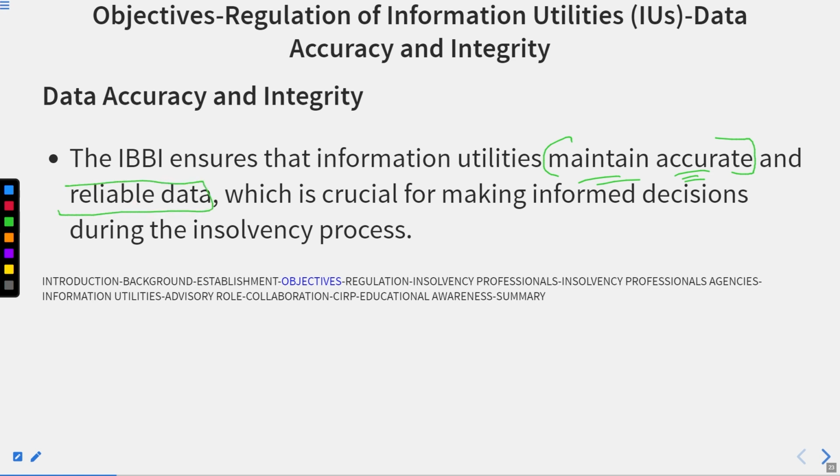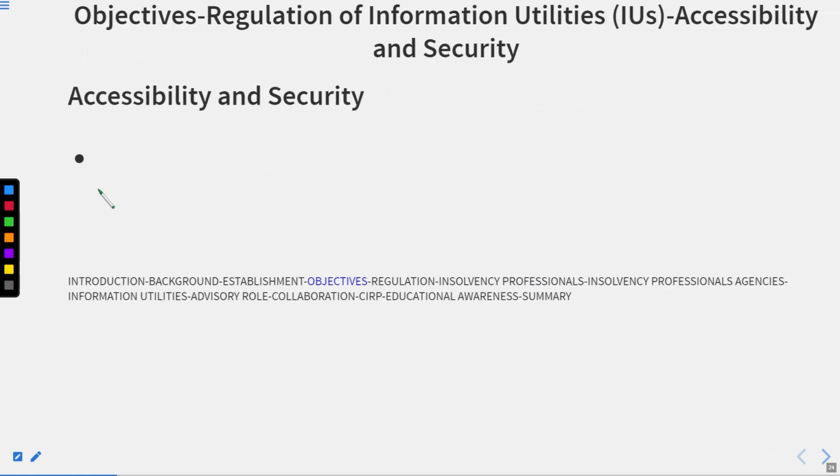It means that the data must be clear, must be accurate, and must be authenticated. If the data is not authenticated and decisive, then what will happen? The wrong decisions will be taken and the rights of stakeholders, the creditors, and the debtors will be hindered. All right, so it is the first step in the regulation part.